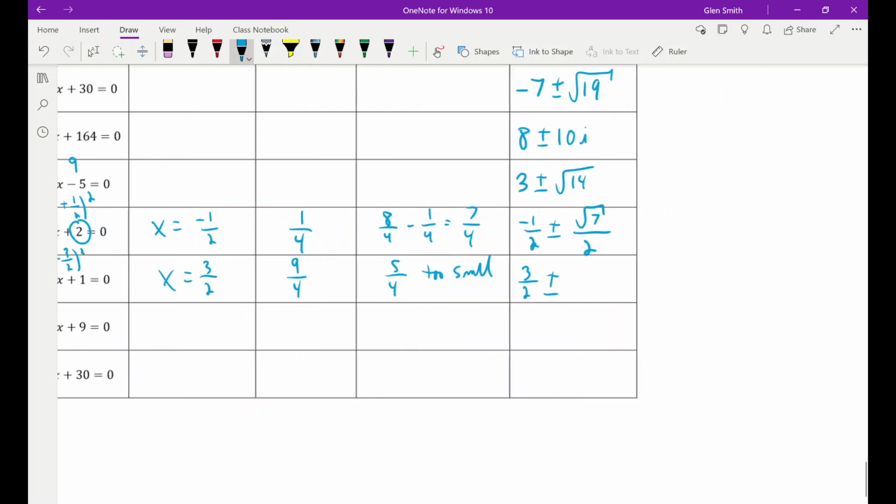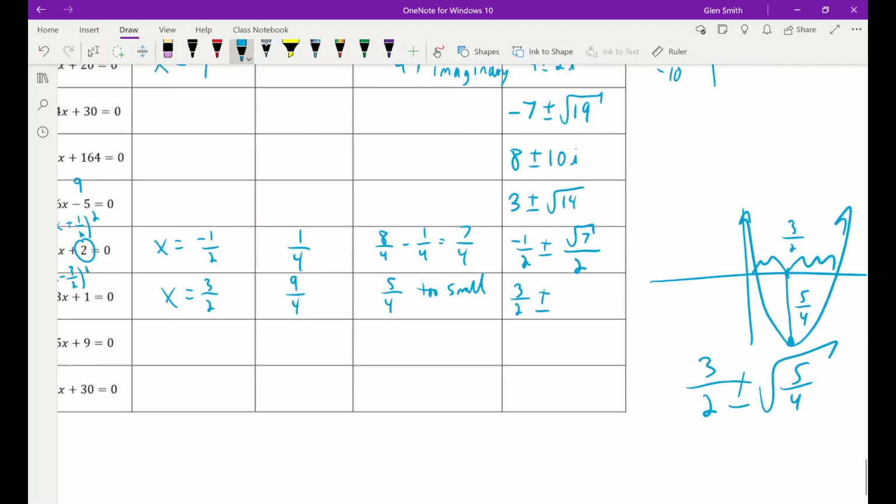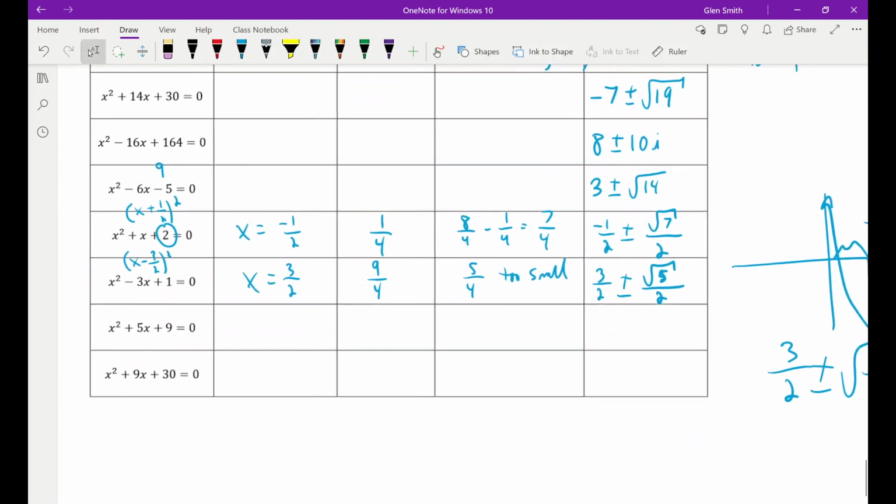To graph it again, we're centered at 3/2 and shifted down 5/4, which means my roots are the square root of 5/4 up and down from 3/2. Since we take the square root of the fraction again, that's root 5 over 2.